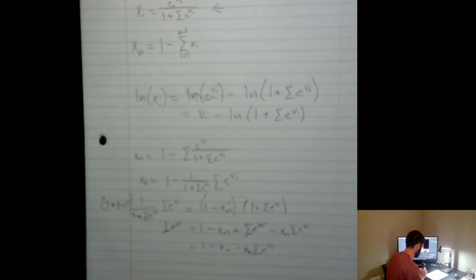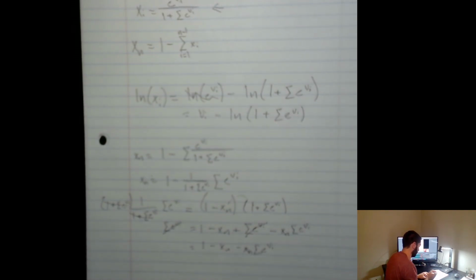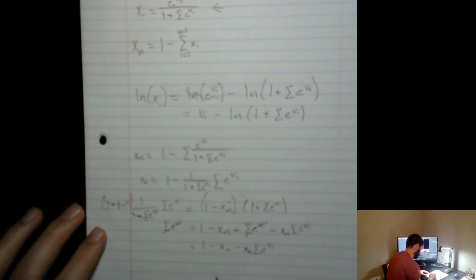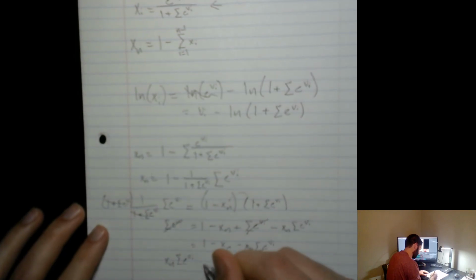Now we can solve for the summation of e to the vi, because we have a like term that we can plug in for. We'll add it to the left side, which would be xn times summation e to the vi equals 1 minus xn.